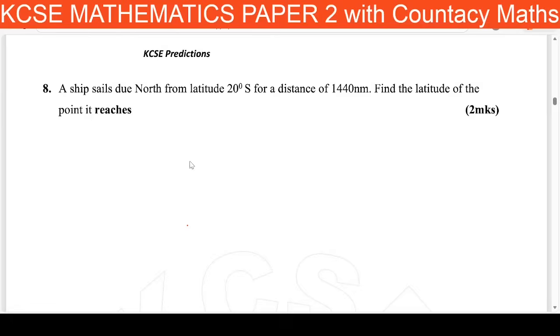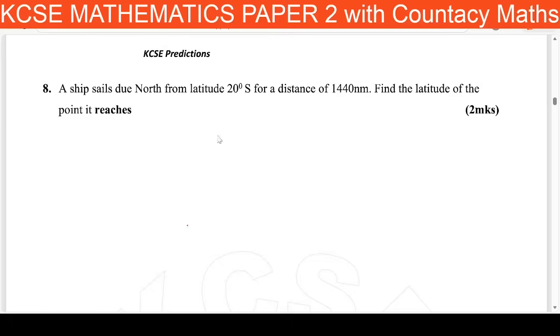So what this question really wants to test is whether you know how to convert nautical miles into degrees and also the other way around. So let's go ahead and check it out. We are told that the distance that this ship travels is 1440 nautical miles.